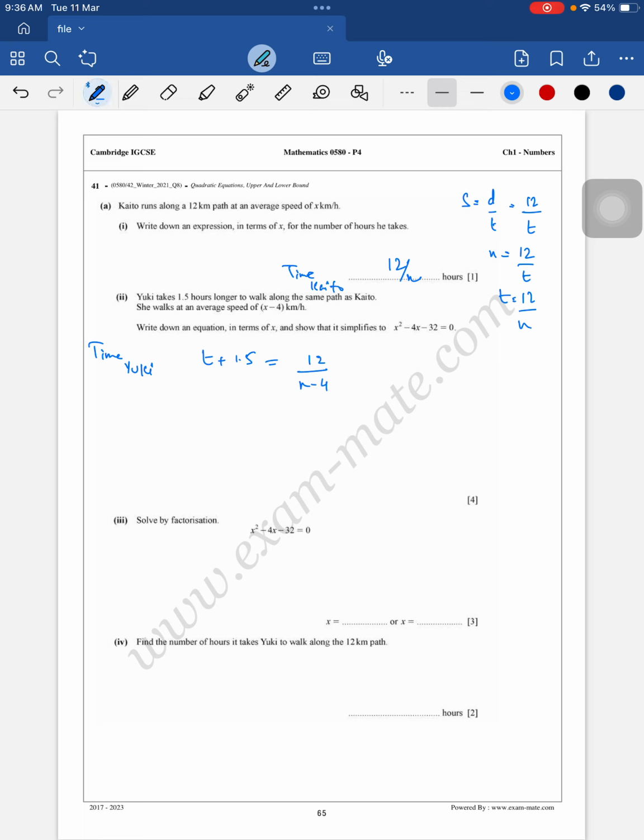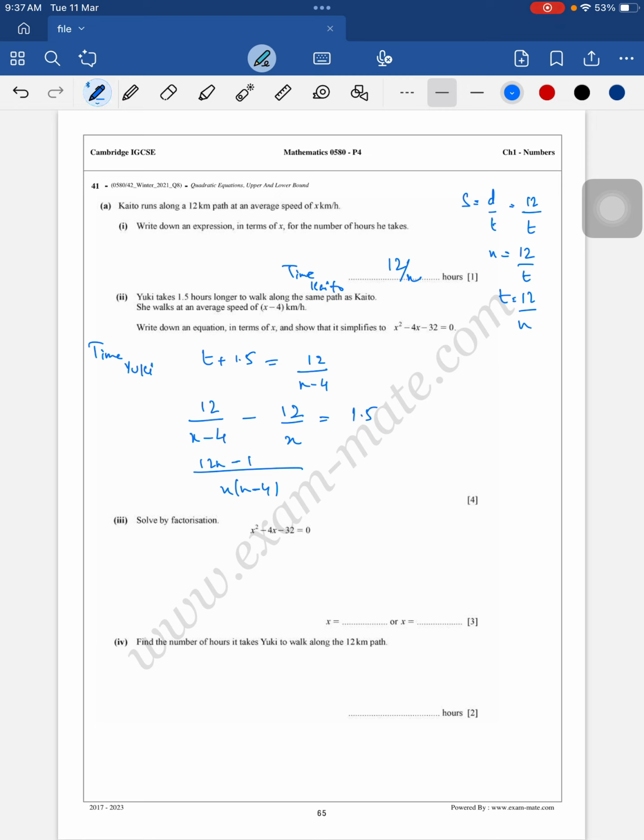Now the difference between these two is 1.5 hours, right? The difference of time, basically. So Yuki is taking 1.5 hours more, so if I subtract, it should come to 1.5. So simplifying this, x minus 4 is the LCM. x minus 4 gets cancelled with x minus 4, it will be 12x, and x gets cancelled by x.